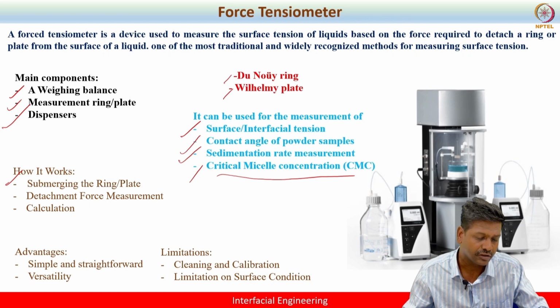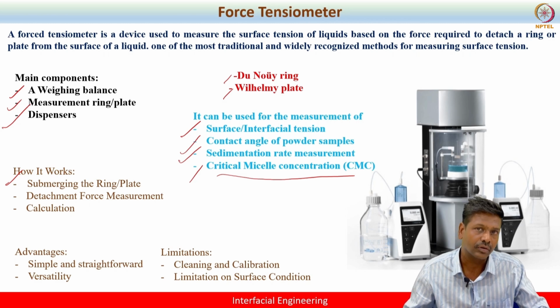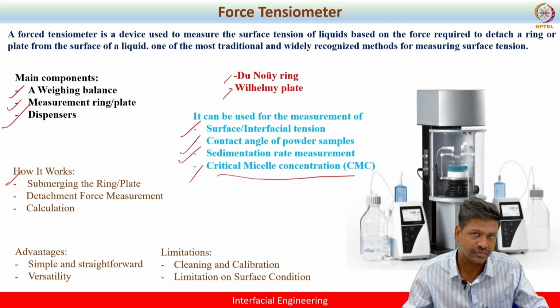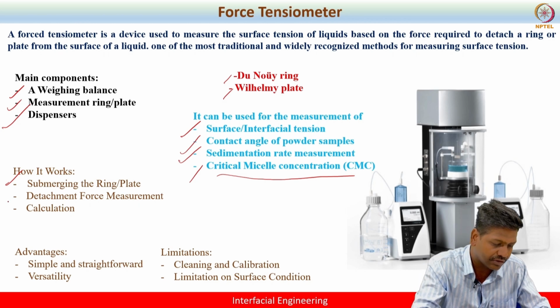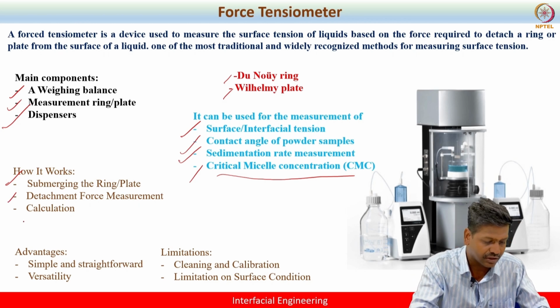The moment the plate is brought down and just touches the liquid surface, because of the affinity between the liquid and the plate or ring, there will be a meniscus. The weight of the meniscus acts on the plate or ring, and that can be directly measured using the weighing balance. One can calculate the surface tension by knowing the weight of liquid acting on the plate or ring.